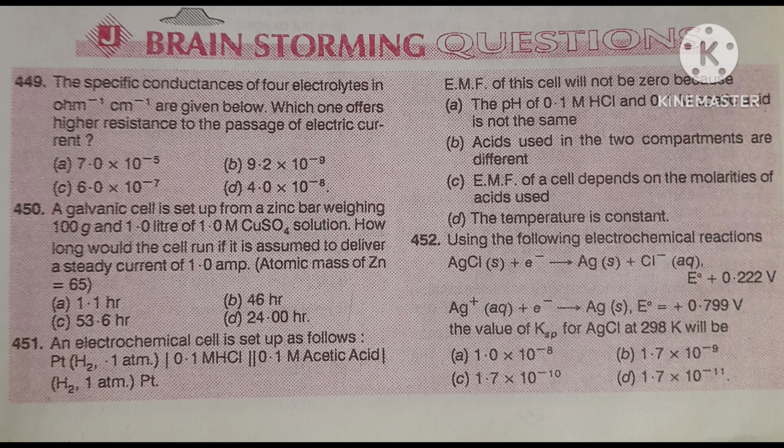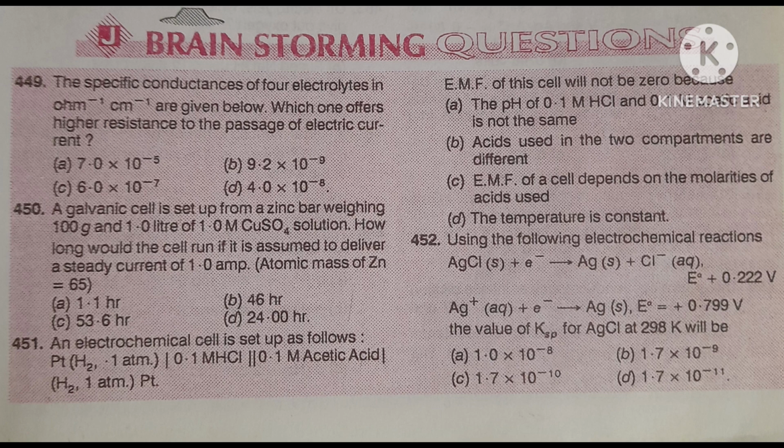Question number 451. I am reading the question. An electrochemical cell is set up as follows. Platinum, actually it is given hydrogen gas electrode. You know that in a hydrogen gas electrode platinum is required and its pressure is given 1 atm.